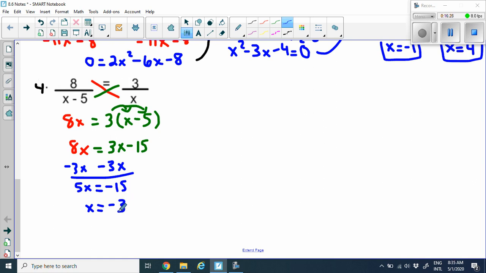Now, before I say that is my solution, remember I need to plug it back into both of the denominators. So -3, when I plug it back into my first denominator, I have -3 minus 5. That gives me -8. We're good to go there. And when I plug -3 into x here, I just get -3. So since I don't get 0 in any of the denominators, x equals -3 is a solution.